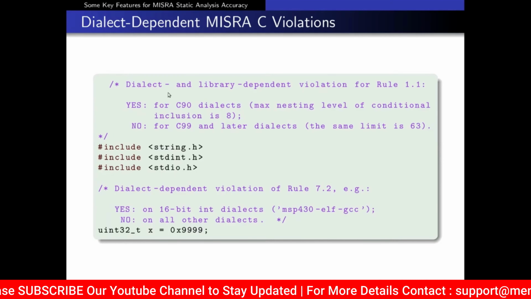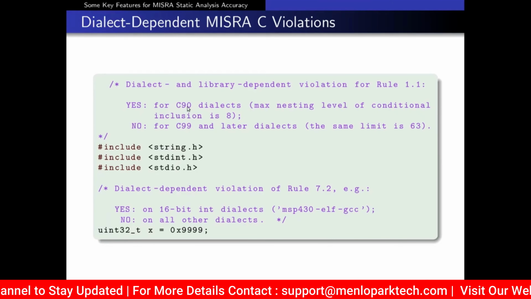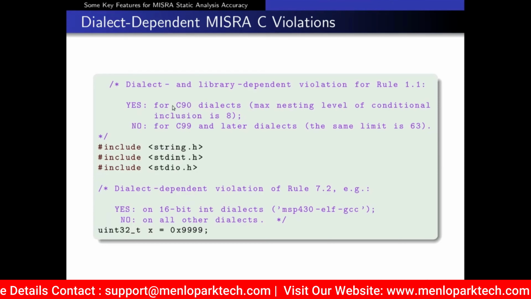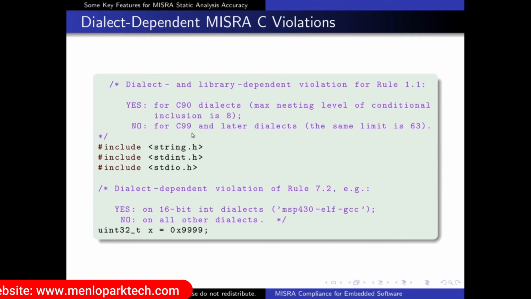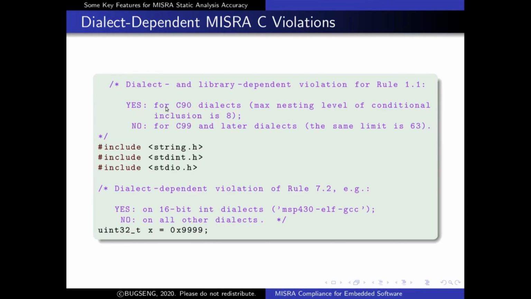So I have a violation if the tool believes we are in C90, and no violation if the tool believes we are in C99. If the expectation of the tool is wrong, we may have a false positive or a false negative.